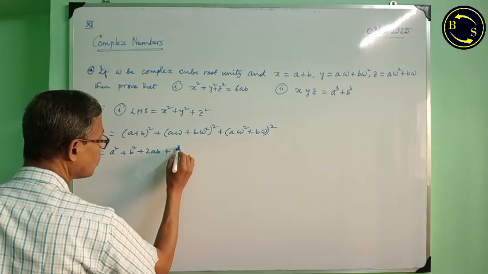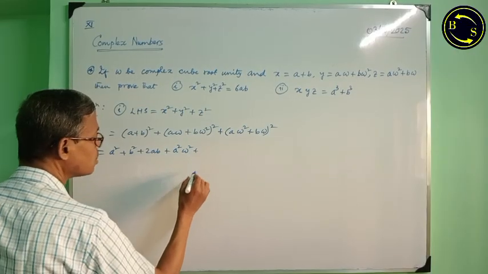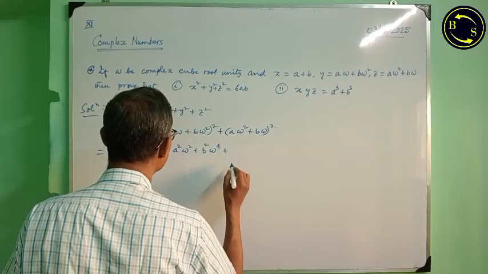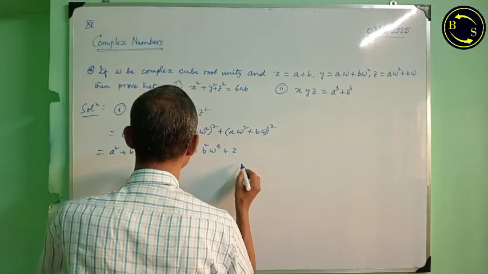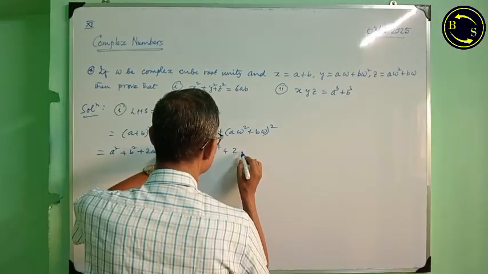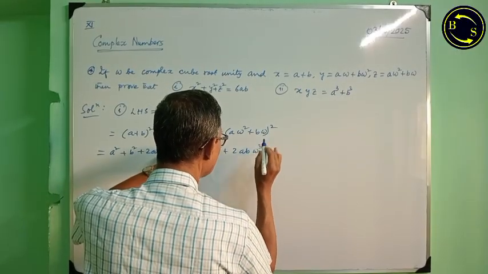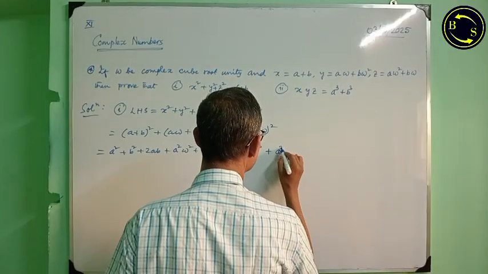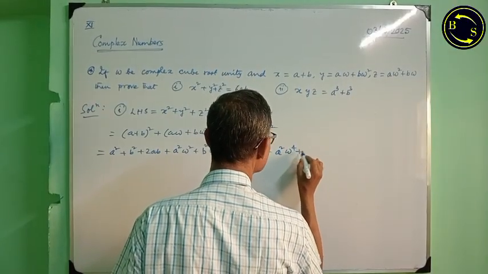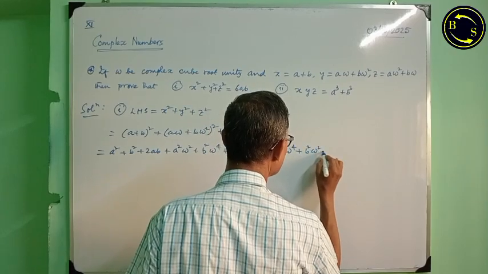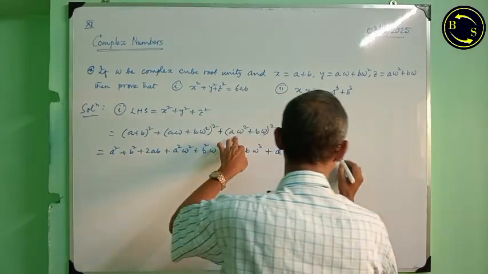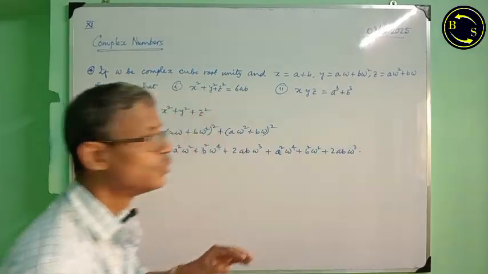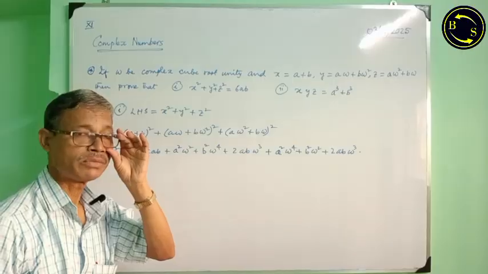So a square omega square plus b square omega to the power 4 plus 2 times the product of these two, that is ab omega cube, plus a square omega to the power 4 plus b square omega square plus 2ab omega cube. We have used the identity for a plus b whole square.